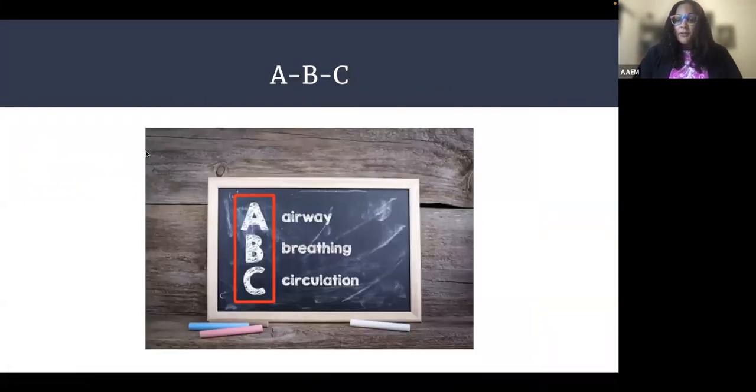So first and foremost, ABCs. This applies to any patient with any chief complaint, but especially with shortness of breath. Airway, breathing, circulation, those things come first. Our job in the emergency department is to be masters of resuscitation and identify patients who require resuscitation.